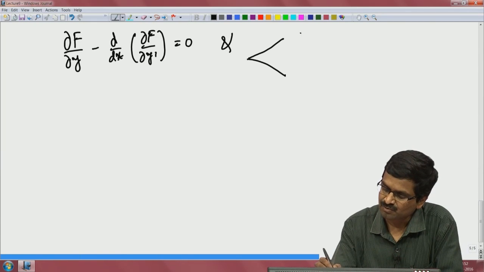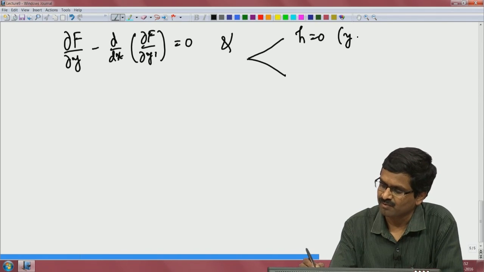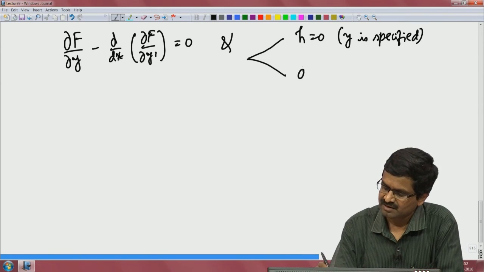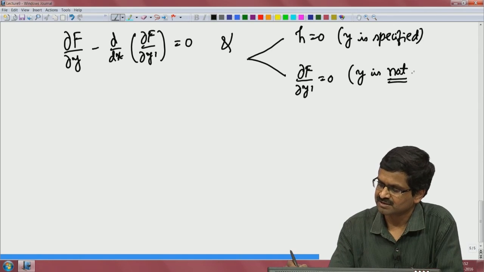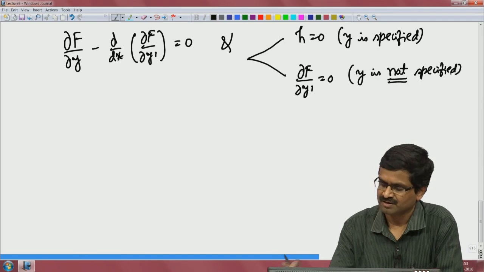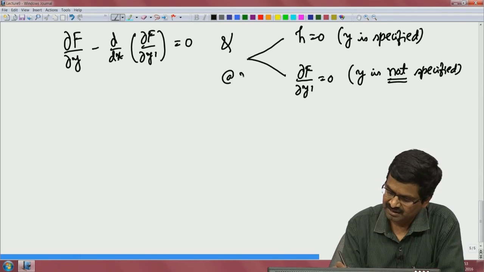One is that h equal to 0 when y is specified, dou f by dou y prime equal to 0 when y is not specified, both at x1 as well as x2.